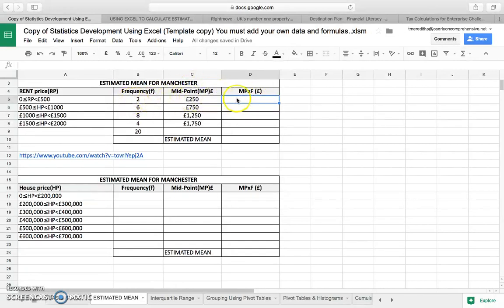Okay. Then we go up into here and we multiply the two together. So you've got two lots at the midpoint 250. So we say equals that times, it's the star key above the 8 on a keyboard. Okay, a star replaces times to not confuse it with X. Okay, times C5 is 500. You can do it again, so equals that star for times that.